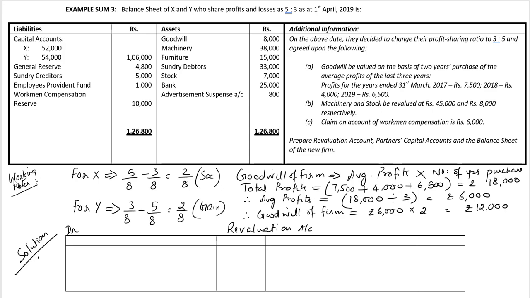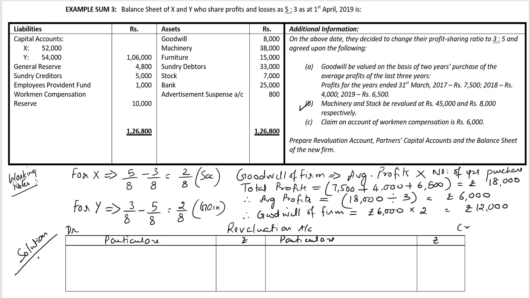Left side debit, right side credit. Particulars, rupees, particulars, rupees. Let's see what the change in values of assets and liabilities are.